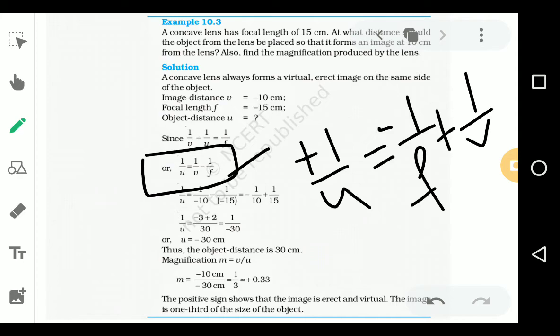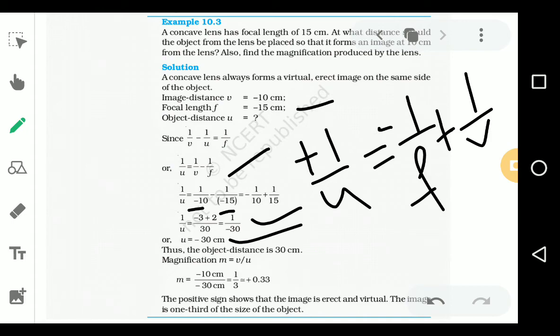Now place all the values instead of the letters. So v equals minus 10, placed here as minus 10, and f equals minus 15, also placed here as minus 15. If you solve this, you will get 1 by u equals 1 by 30 in magnitude, so u will give you the value of minus 30 centimeter.